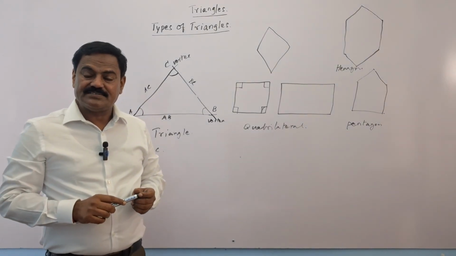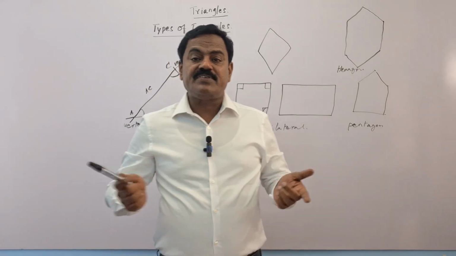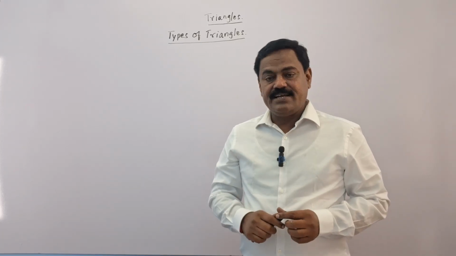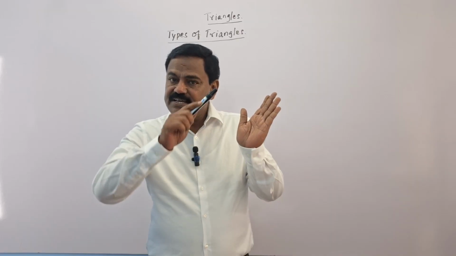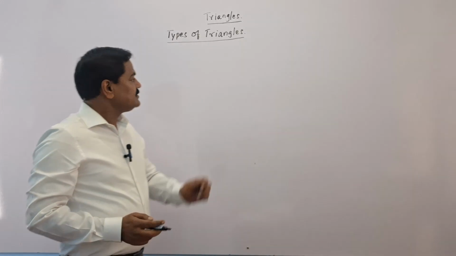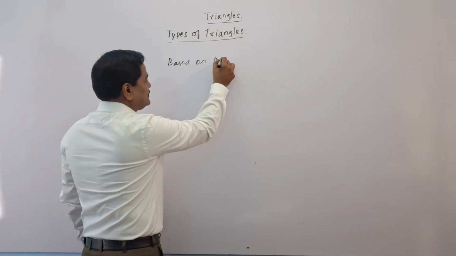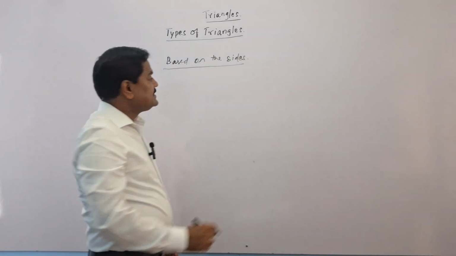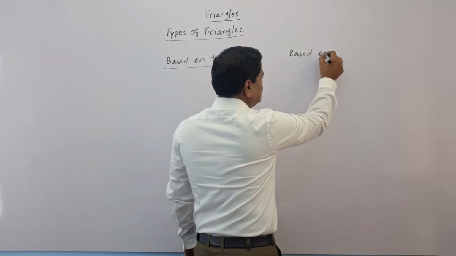Clear, students? Now let us discuss the types of triangles. We can classify triangles based on the sides as well as based on the angles. Let us see based on the sides first. The second classification is based on the angles.